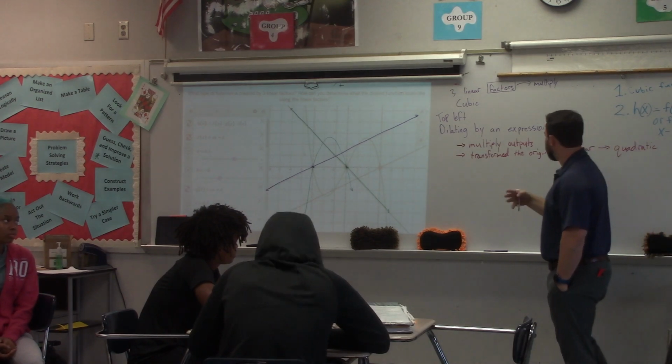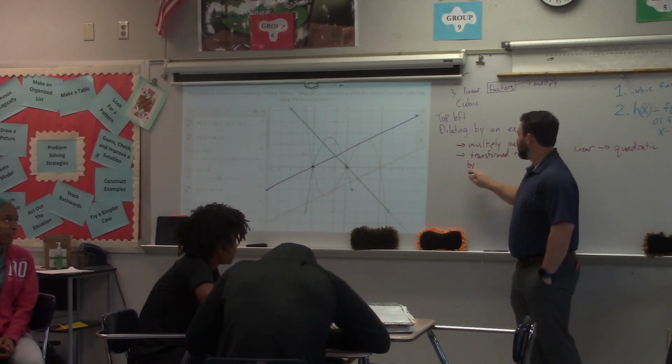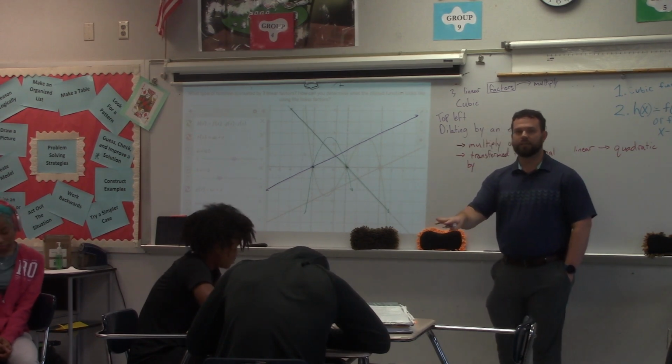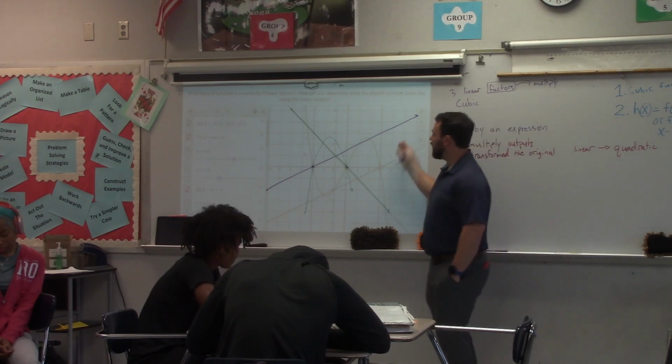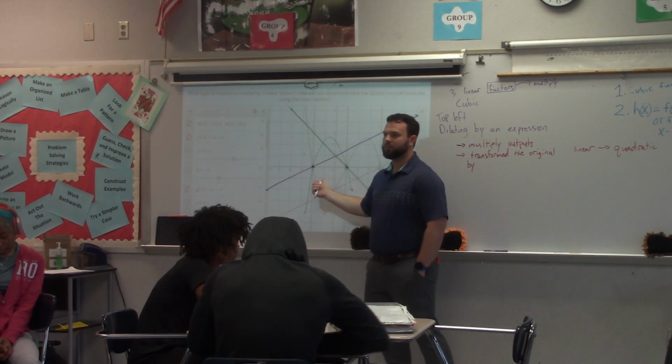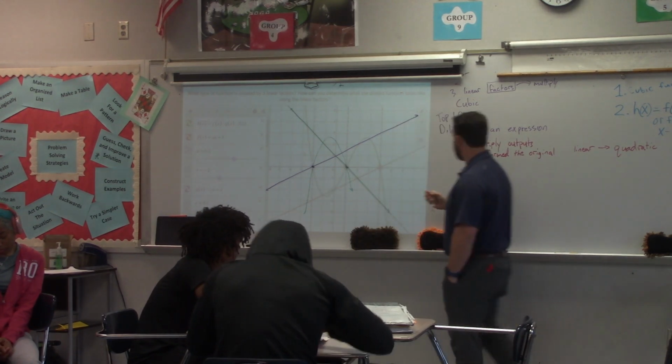Okay, there's something with that though. I need you all to remember and pay attention to this. When I dilate by a linear function, I'm creating a new what? A new zero.